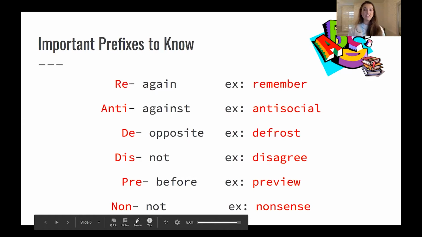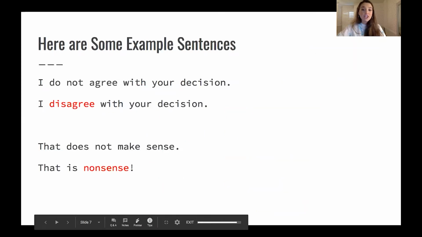Just knowing the definitions of those prefixes will help you so much when you begin to read and see words maybe you don't know the meaning of, but if they have those prefixes, you will have a better idea of what they could mean.